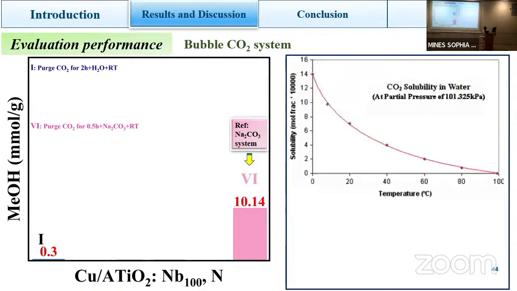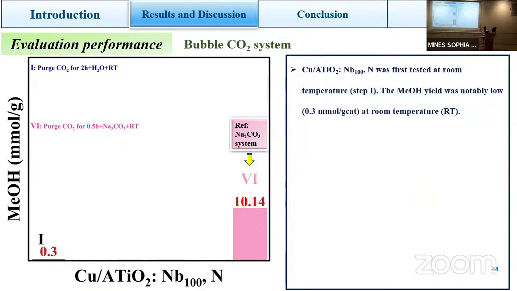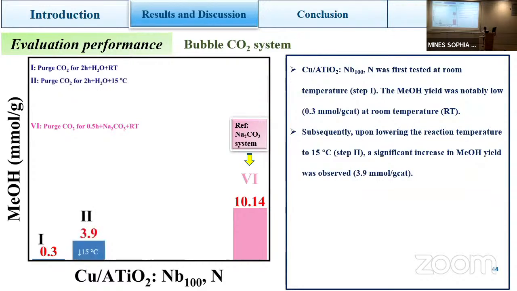We think maybe in the pure CO2 bubble system, as the temperature increases, CO2 solubility in water decreases. So if we decrease the reaction temperature, solubility should increase. Here we lowered the temperature to 50 degrees, and the methanol production increased immediately.